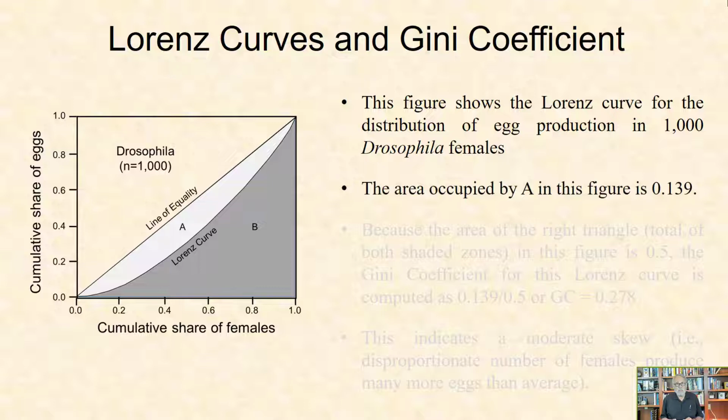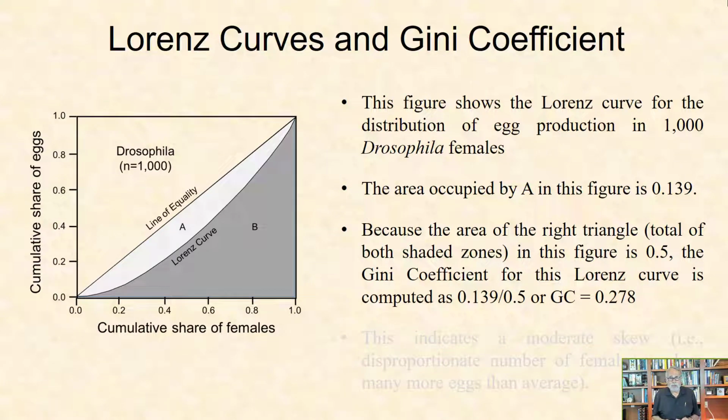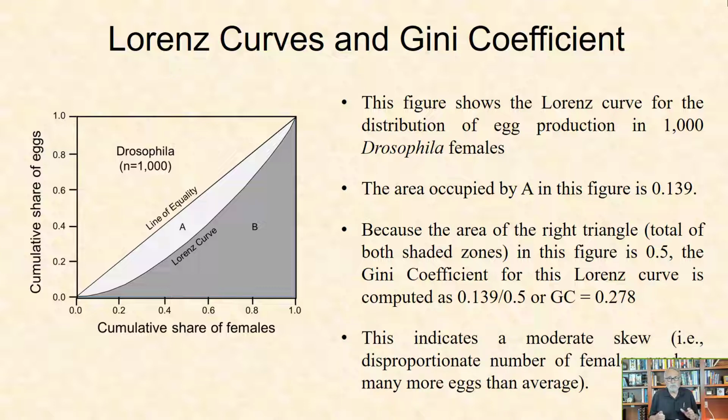The area occupied by A in this figure is 0.139. Because the area of the right triangle, that is the total of both shaded zones, in this figure is 0.5, the Gini coefficient for this Lorenz curve is computed as 0.139 divided by 0.5, or 0.278, indicating a moderate skew of reproduction among these females.